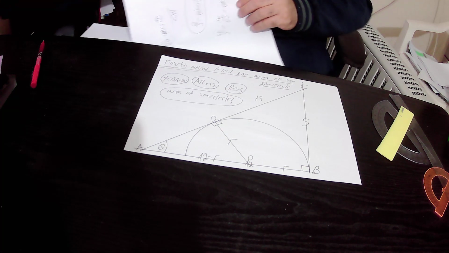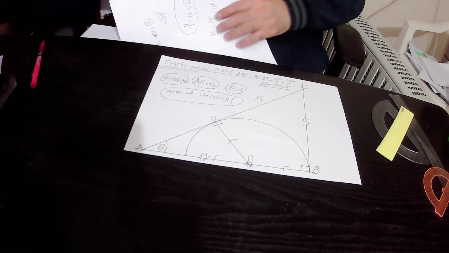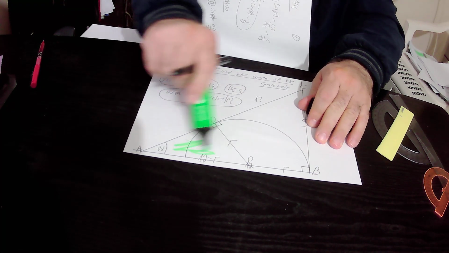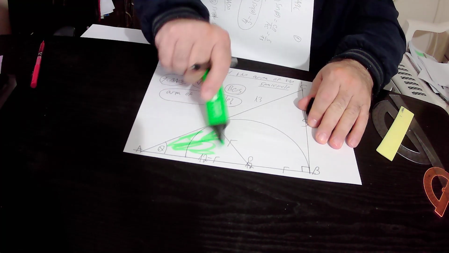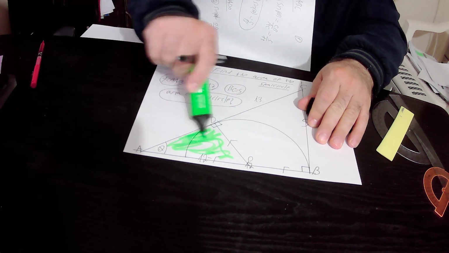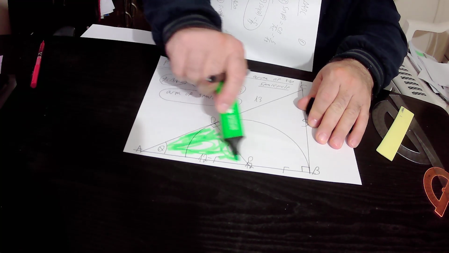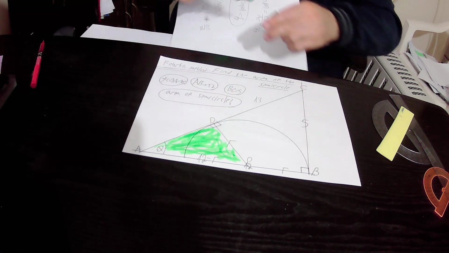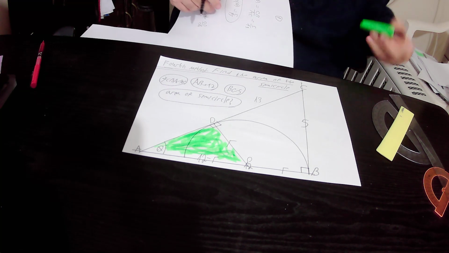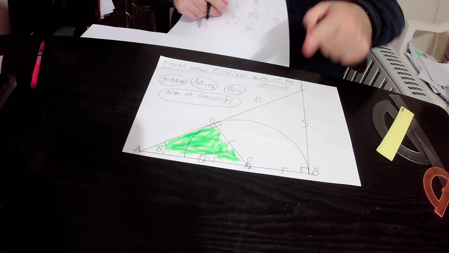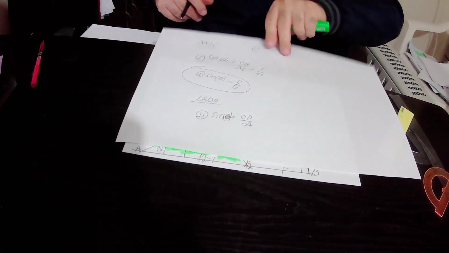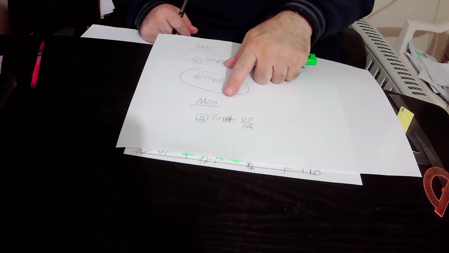I repeat again, in the right triangle ODA, sine theta equals OD over OA.